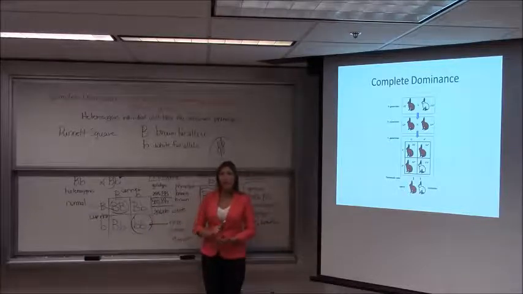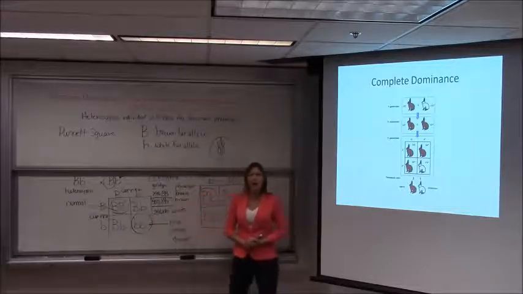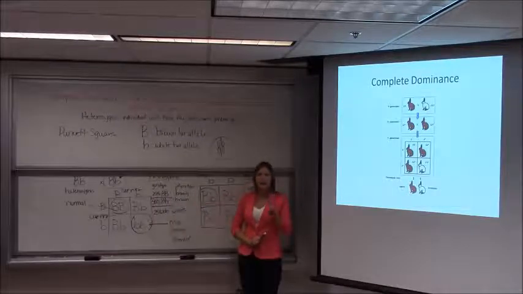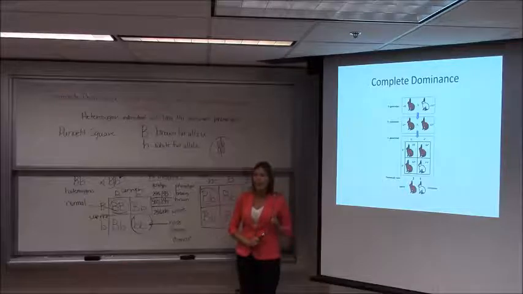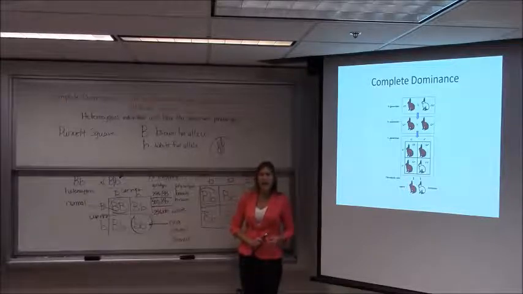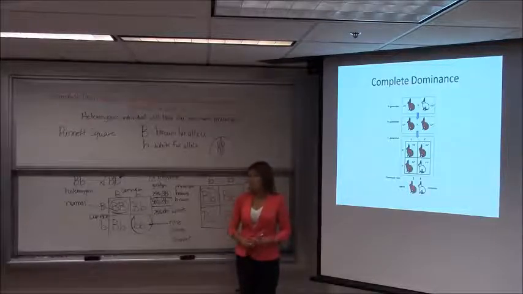And by the way, a lot of those disorders just have one base on the DNA that is wrong. And that one base on the DNA results in the wrong amino acid in that spot, and that protein doesn't function correctly, and that baby, that person has a genetic disorder. That protein is not working right.